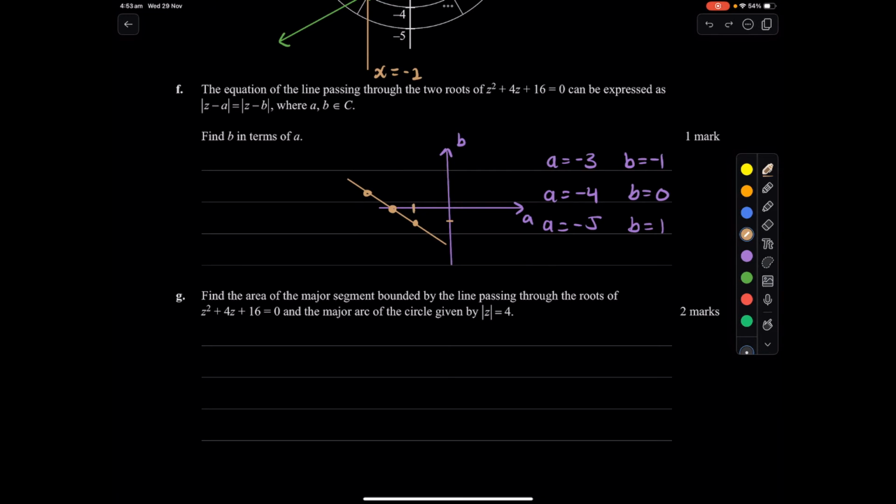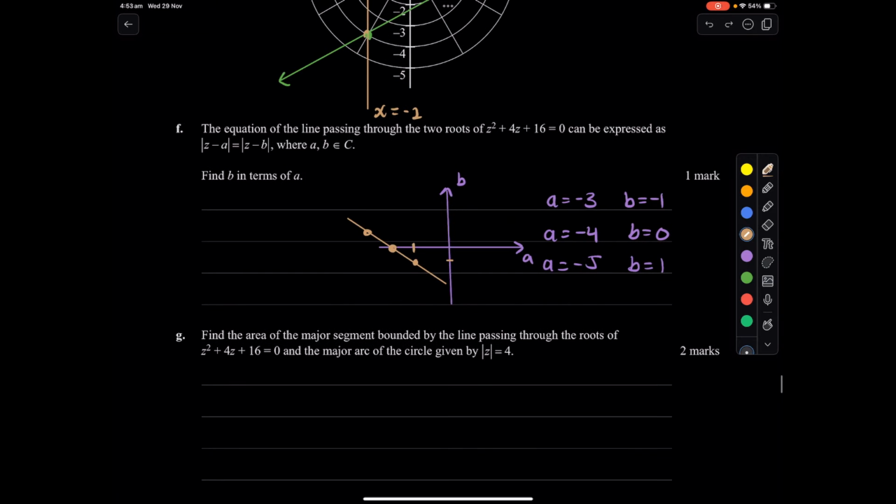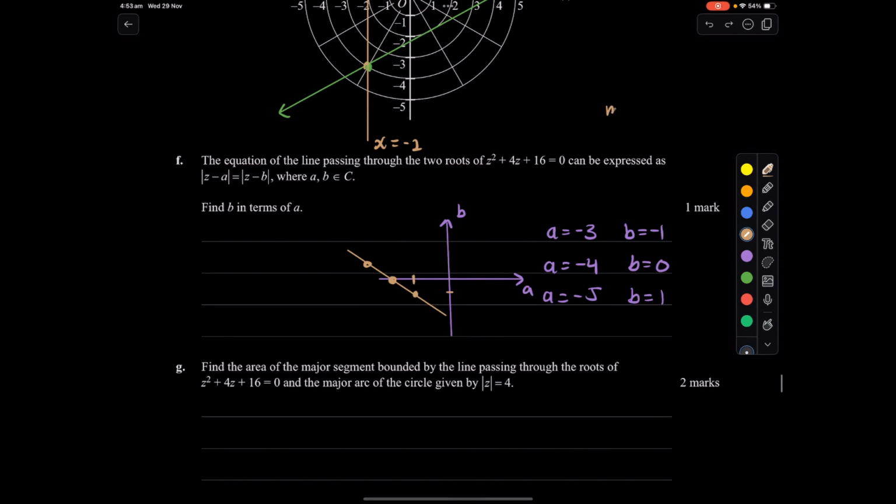So for example, let's just pick 2 points, these two here. Remember, so your gradient of that line would be -1 minus 0, -3 minus -4.